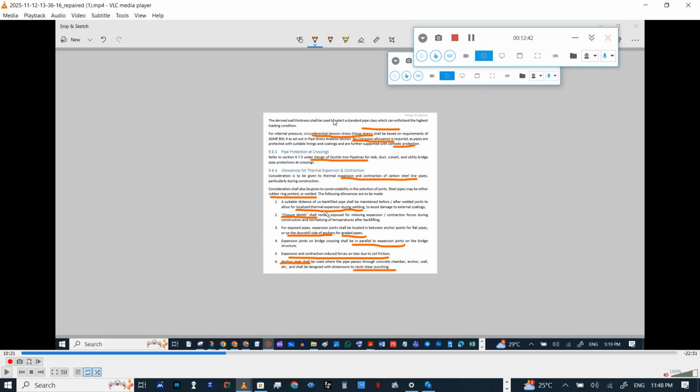Now, here we are considering circumferential tension stress, as per the section in the pipe stress analysis section.